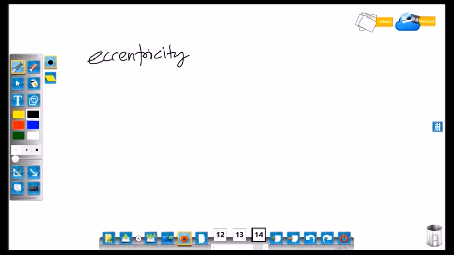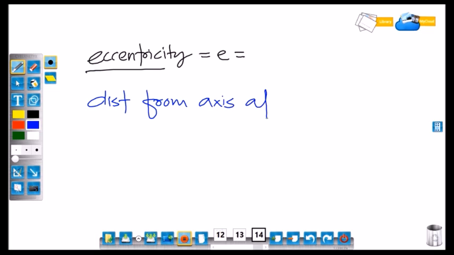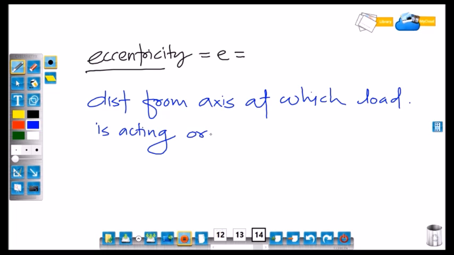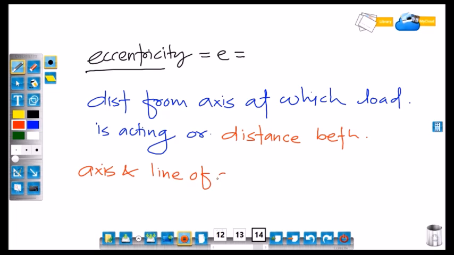So eccentricity is the distance from the axis at which the load is acting, or the distance between the axis and the line of action of the eccentric load.